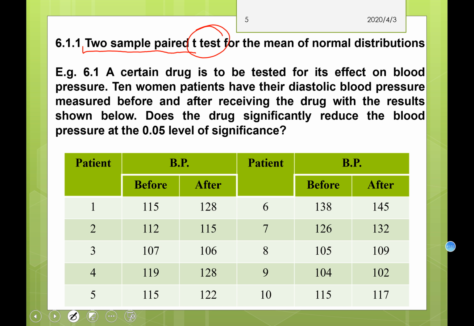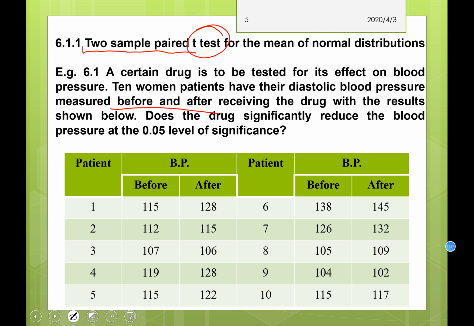Here we notice the keywords, right? Before and after. So that means it must be paired, right? The paired sample. So we can use the paired t-test. Okay, so the last sentence: does the drug significantly reduce the blood pressure at the 0.05 level of significance?